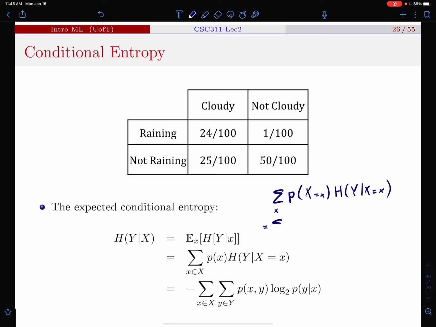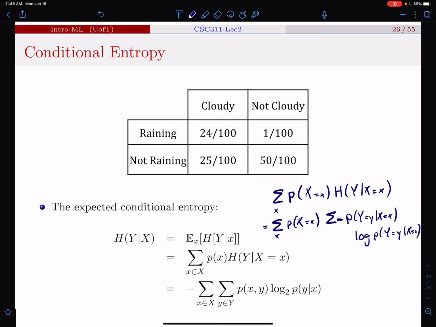If you expand out this equation here, entropy of y given x equals x. Remember, entropy is the probability y equals y given x equals x, times the log probability y equals y given x equals x, and then there's a minus sign in front here, right?